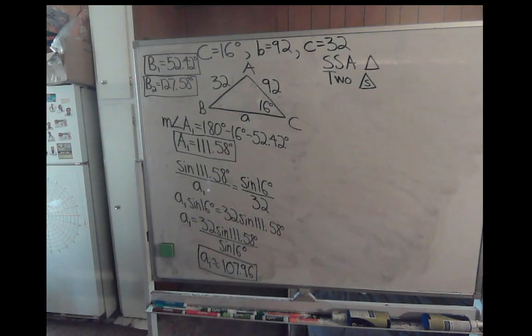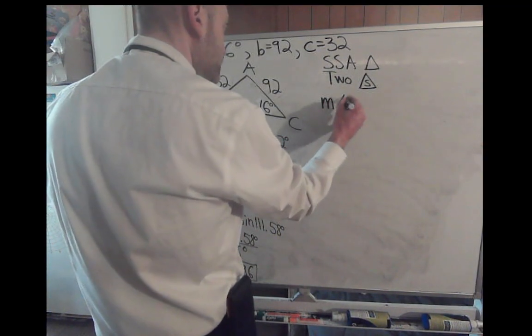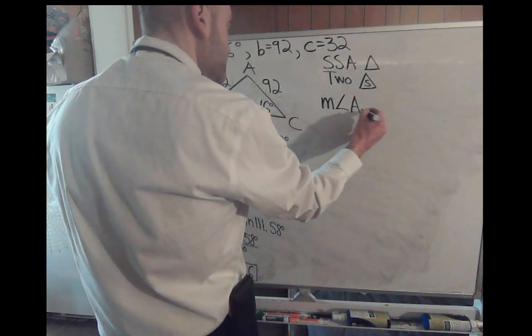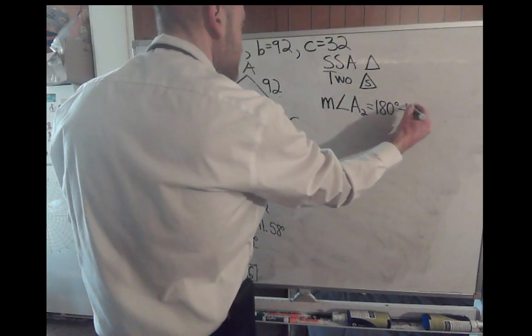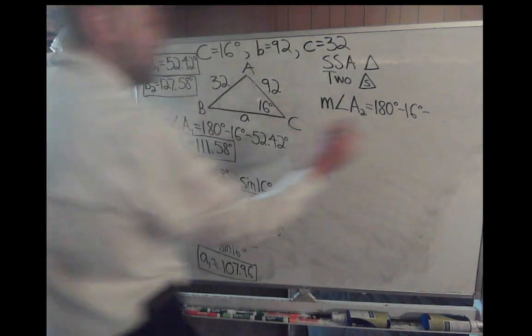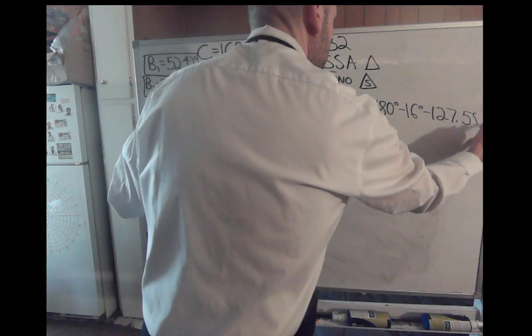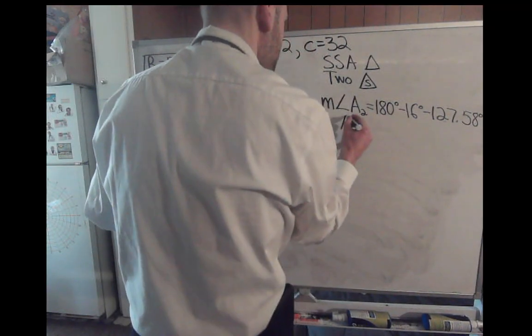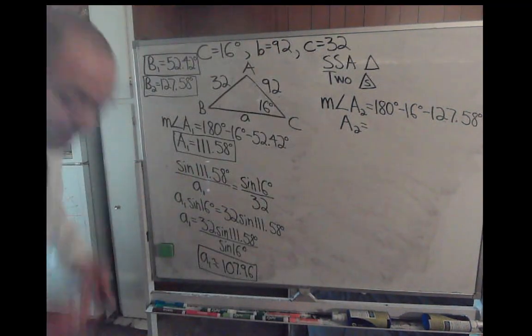But we have a whole other triangle. So let's find the measure of angle A sub 2. Well, that's just going to equal, of course, still 180 degrees minus 16 degrees minus that B sub 2 of 127.58 degrees.